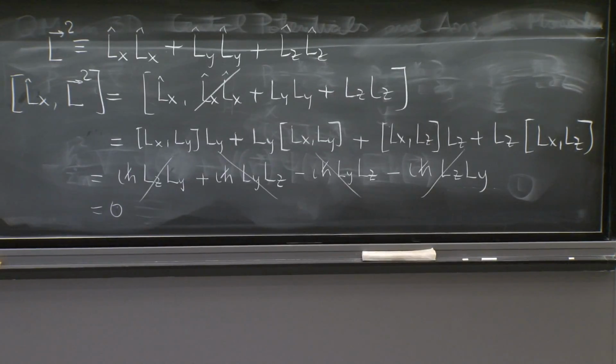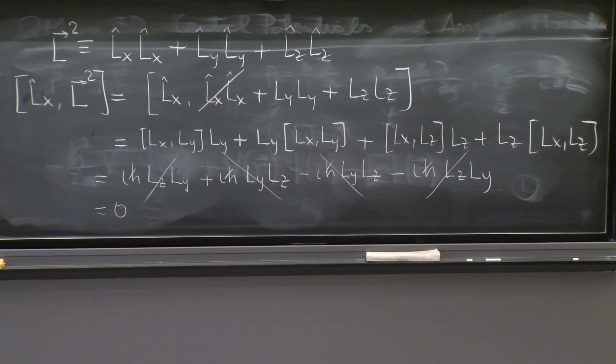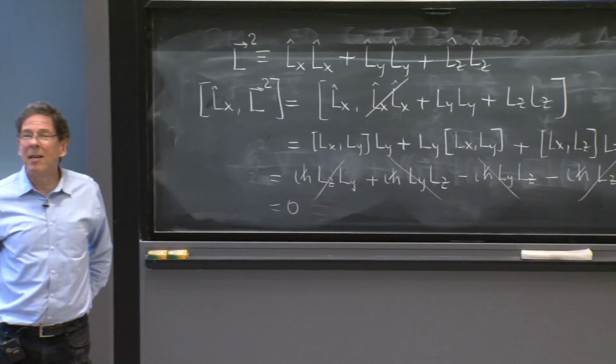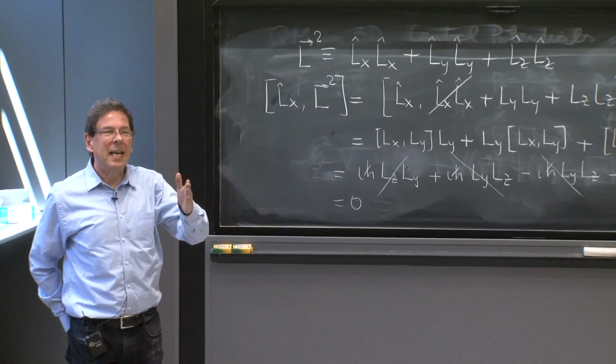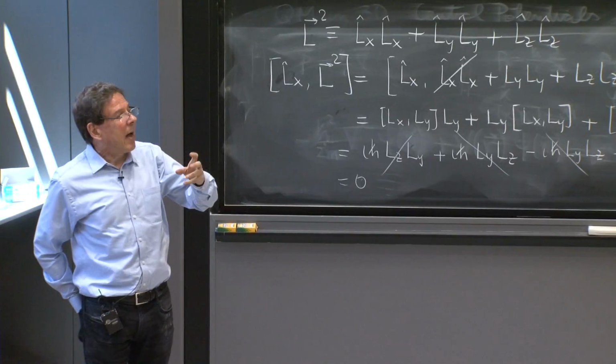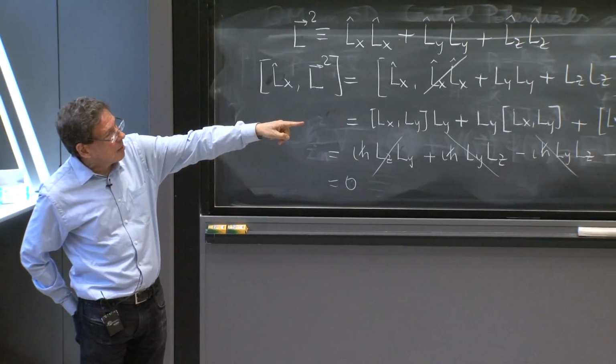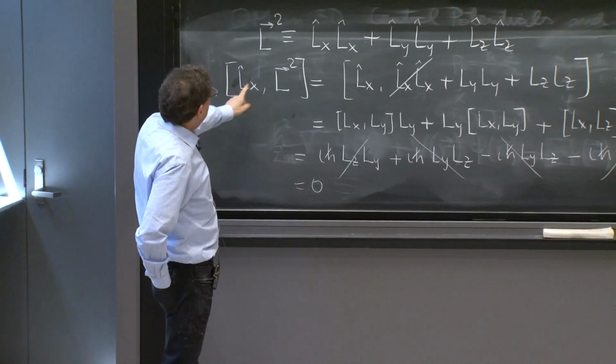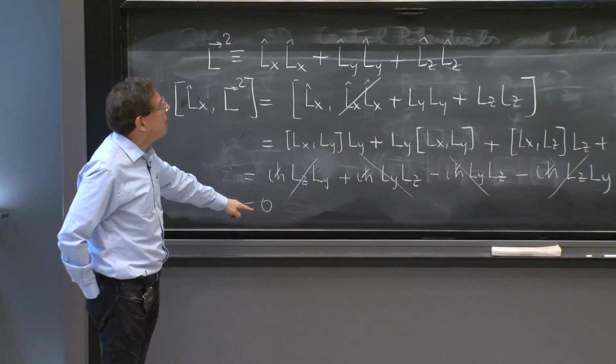Because now you have a second operator that is measurable simultaneously. You can get eigenstates that are eigenstates of one of the L's, for example, Lx, and L squared, because they commute.